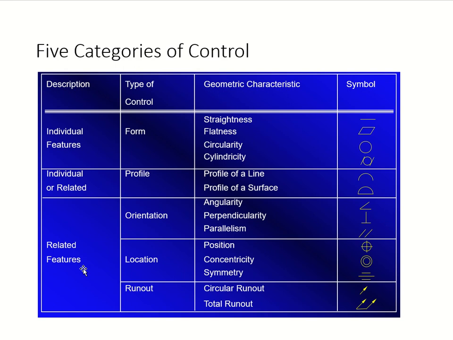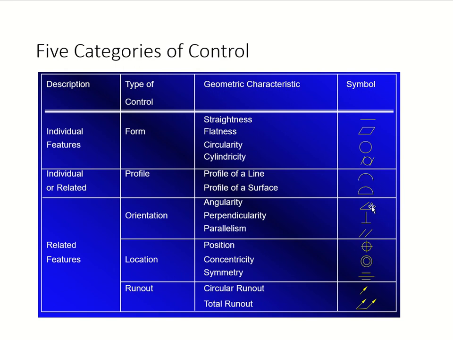And here is your description. Form is for individual features. Profile is individual and related. Orientation, location, and runout have related features, meaning they have a relationship with other features. Again, in form we have 4 symbols: straightness, flatness, circularity, and cylindricity. Then we have profile of a line and profile of a surface.